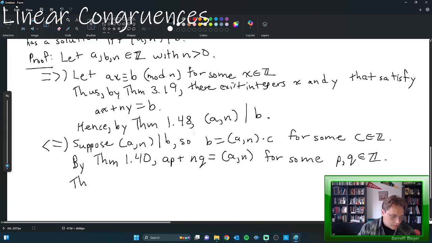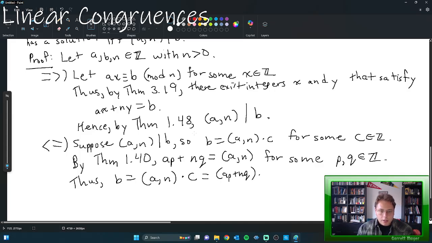Thus, b equals the GCD of a and n times c, which is equal to, or we knew this already, but that's equal to ap plus nq, subbing in that equation, times c, which ultimately equals apc plus nqc.